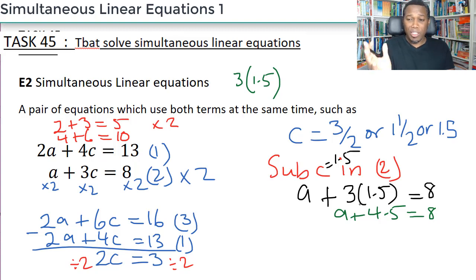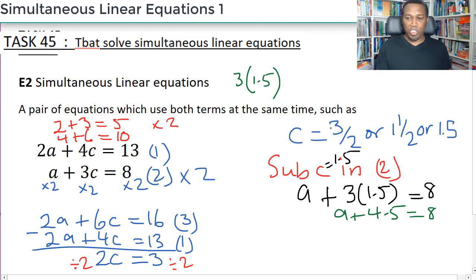Most likely, but you should be prepared to put in the work to do a calculation like this without a calculator. Don't just look at it and think, I can't do that. Let's be serious. Take your time. 3 times 1.5, if you're not comfortable with the multiplication of it, just add. Thank you very much. Got that off my chest.